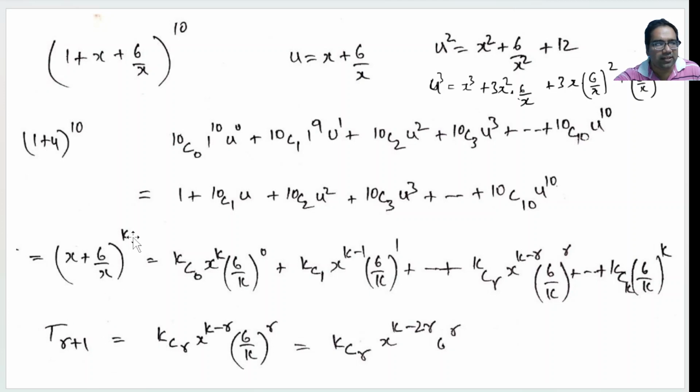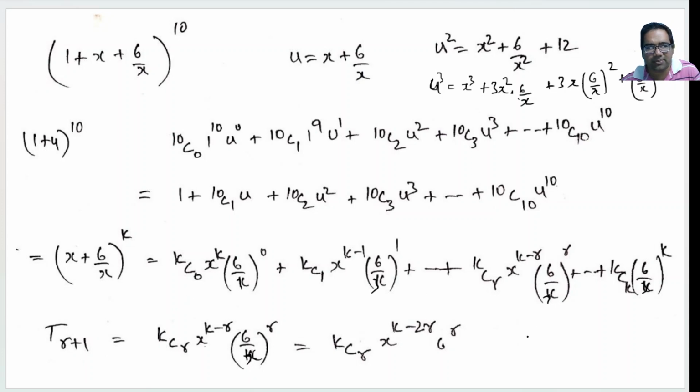We know the T(r+1) term is kCr x^(k-r) (6/x)^r. It is the same binomial expansion: kC0 x^k (6/x)^0, kC1 x^(k-1) (6/x)^1, whatever. So the term r + 1 is kCr x^(k-r) (6/x)^r.